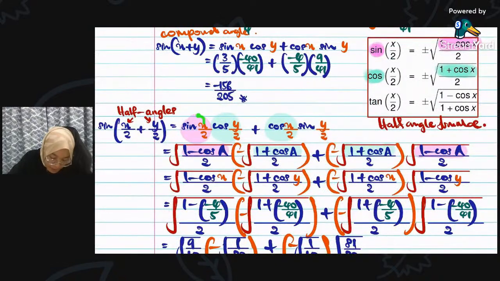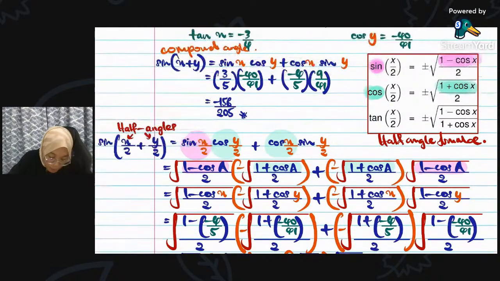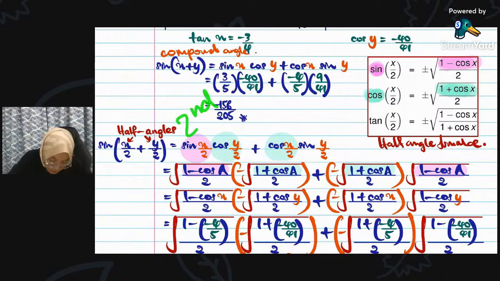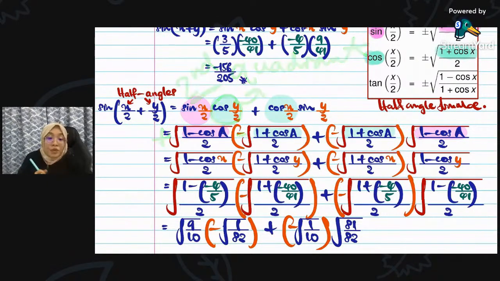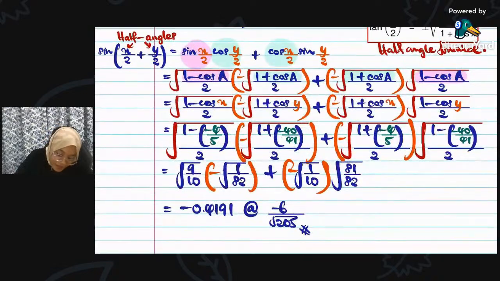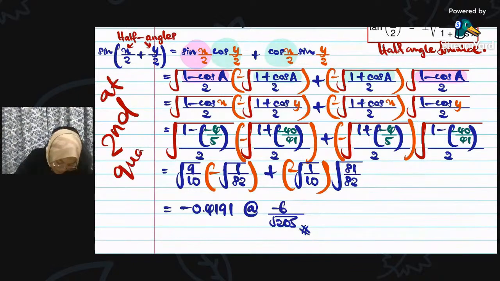Kalaulah yang diminta adalah sin untuk second quadrant, sin untuk second quadrant adalah positive sign. Manakala cos untuk second quadrant adalah negative sign. Do you understand that we are trying to focus that this is actually at second quadrant?